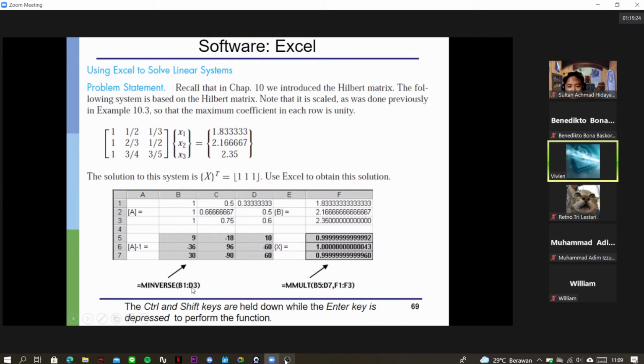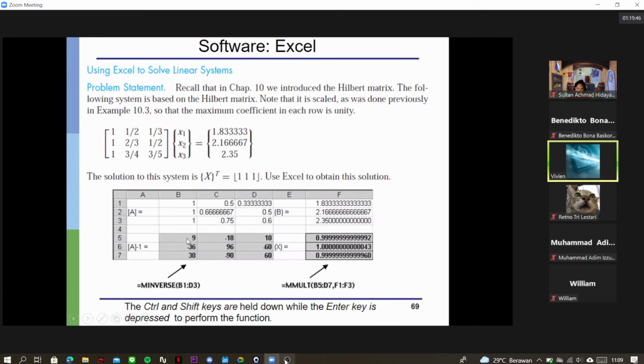And then when we press enter, don't forget to press the Control and Shift keys together. So we press Control and Shift keys together, and then we press enter. That means 3 keys pressed together: the Control, the Shift, and the Enter key.